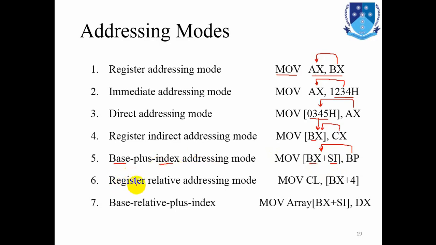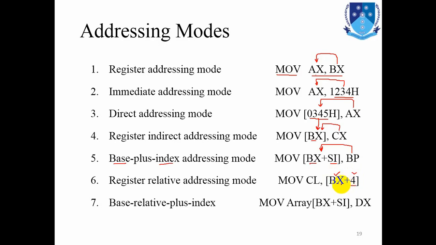The sixth one is register relative addressing mode. Here you can see that a displacement has been shown. So we can say that the address of the memory location is the contents of the BX register plus the displacement of 4.